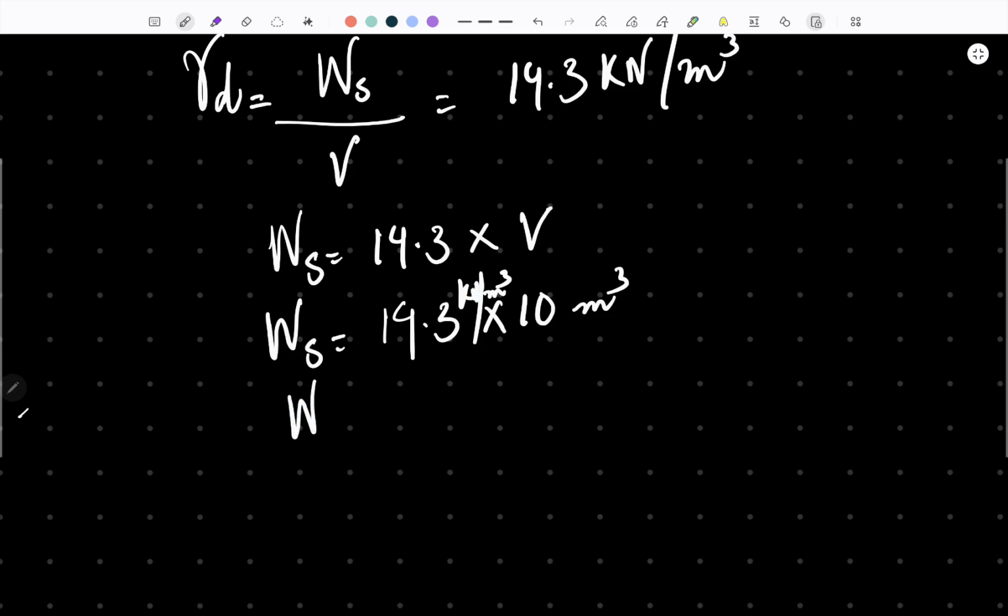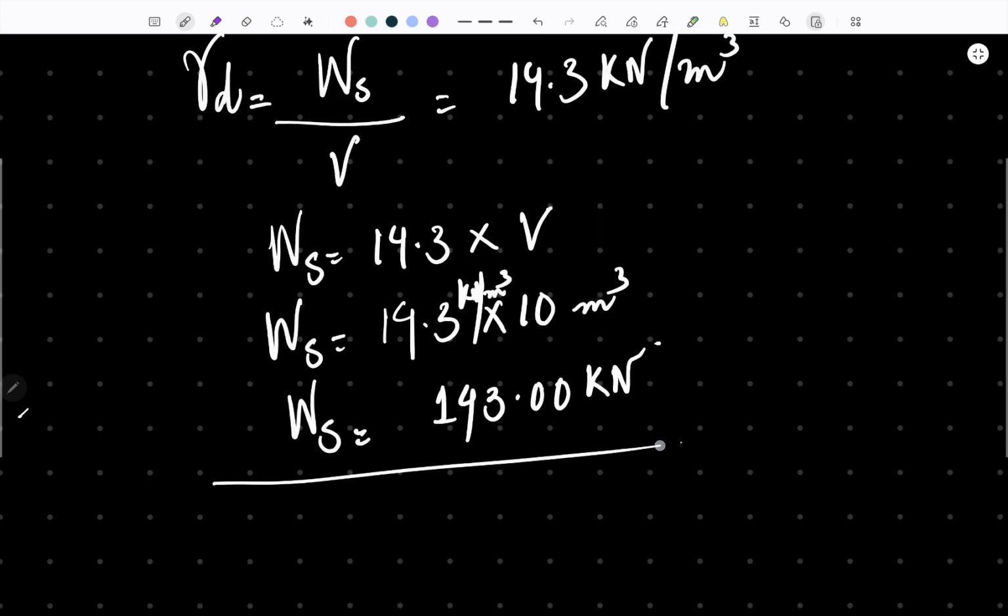By calculations, weight of solids is equal to 143.0 kilonewton. So this is the weight of the soil solids. Now I know the bulk unit weight as well.